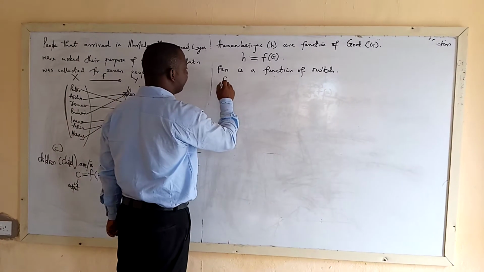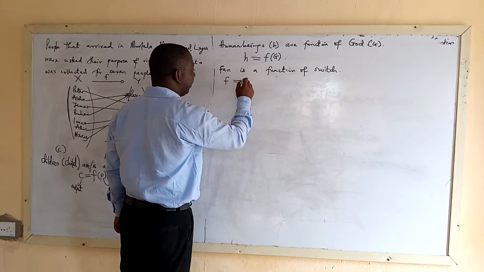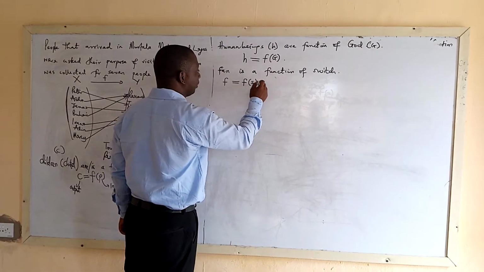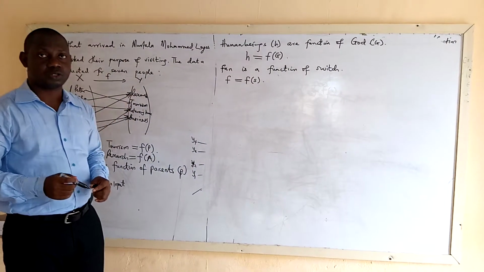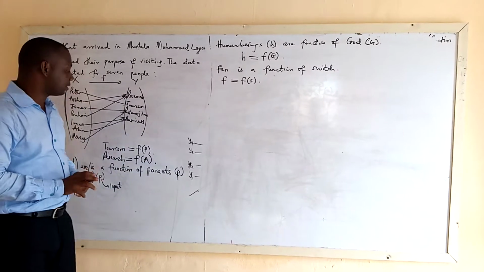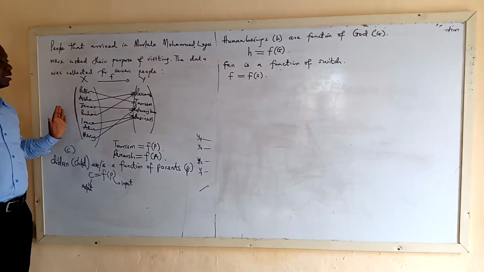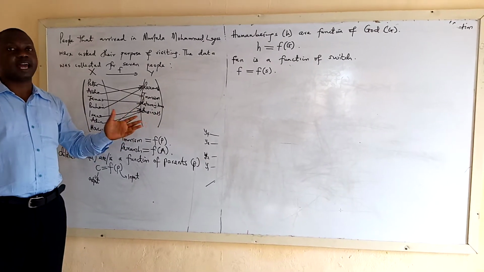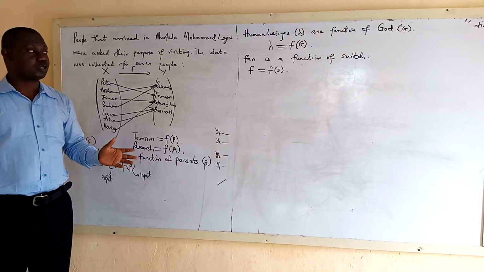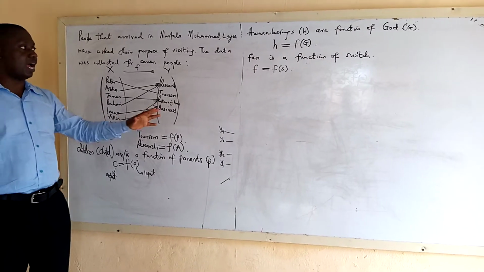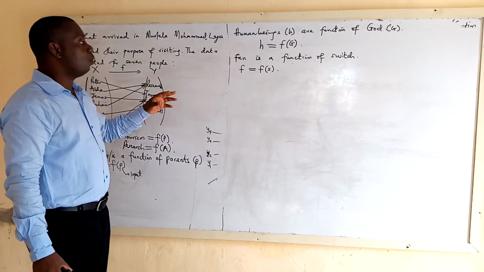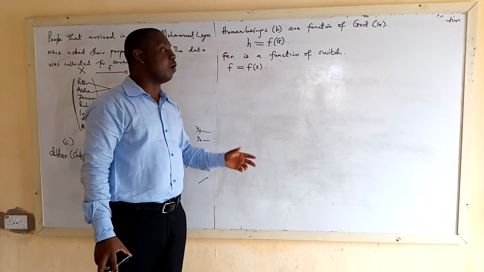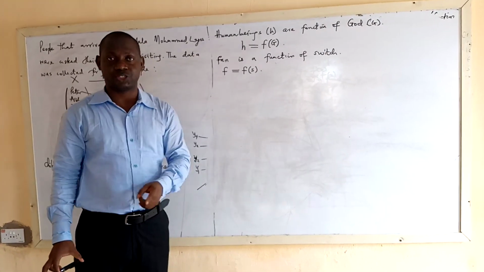I will say F is a function of the switch. So now you can see that function has a deep relation to life situations. So from the next class, I will be moving on to what we now call the many-to-one function. Thank you.